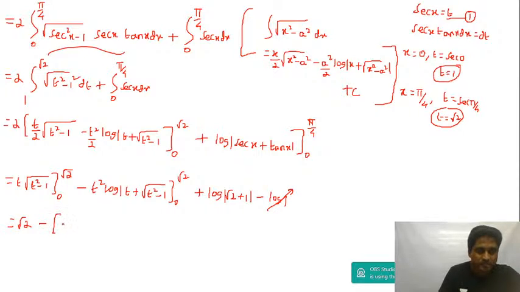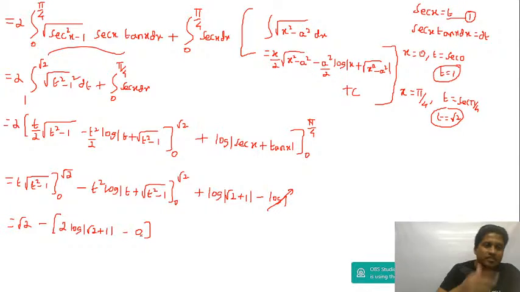Upper limit, if I substitute, you get 2 into log of root 2 plus 1. And lower limit, if I put t as 0, obviously this will be 0. I open the bracket, you will get x by 2 into root of a square minus x square plus a square by 2.